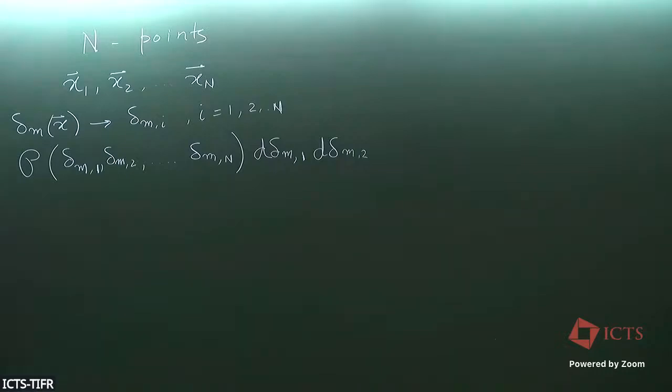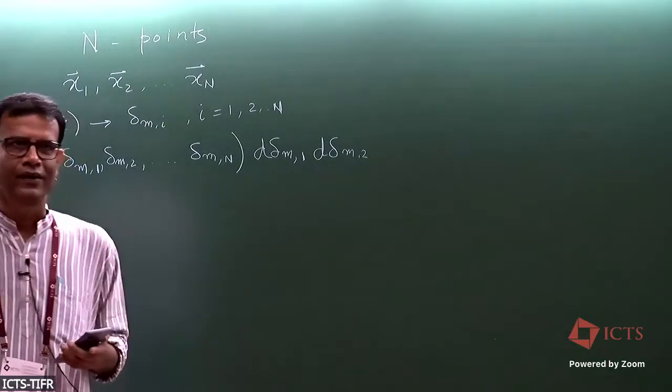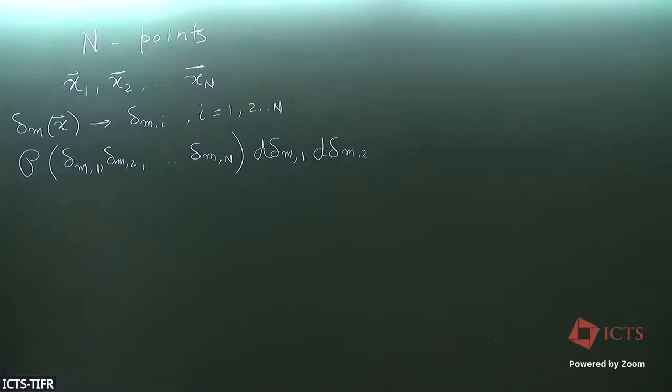Now, for a general density field, it is not possible to even specify this. You may have to keep specifying moments, and you may have to specify an infinite number of moments for a general field. Only for specific kinds of configurations can this quantity be specified.